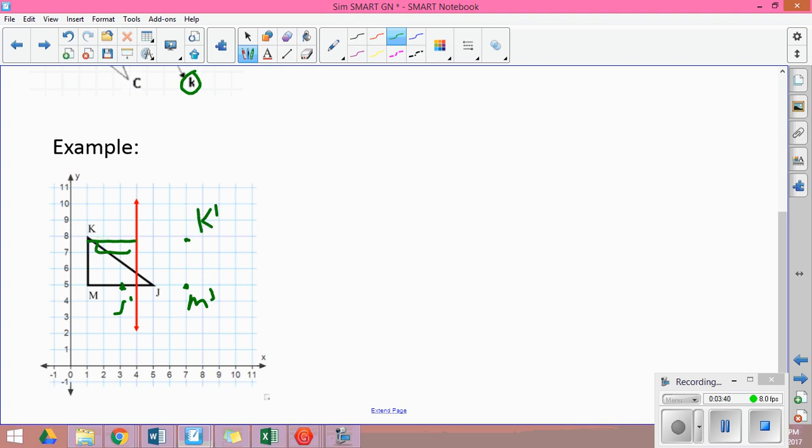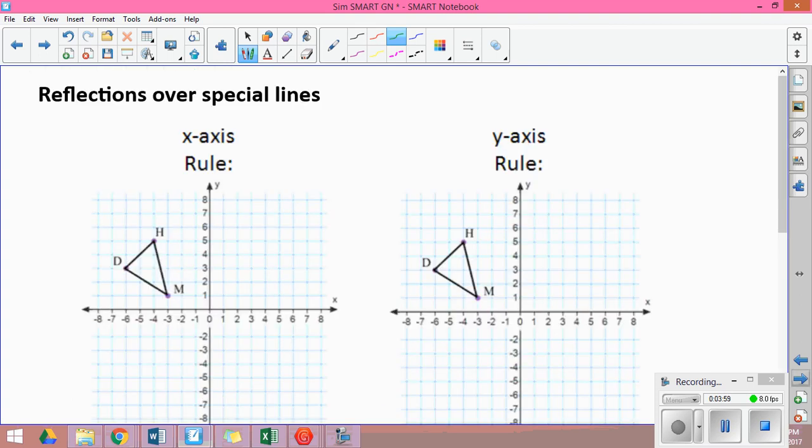K prime is here. And you see this figure that is exactly the same, just reflected across that line. So I can do reflections across random lines, and I simply have to count equidistant on either side of the reflecting line. Where things get a little bit more interesting is when we start reflecting over some special lines that we have.